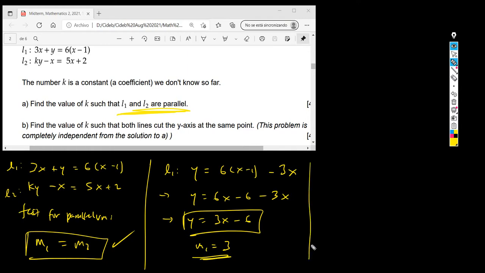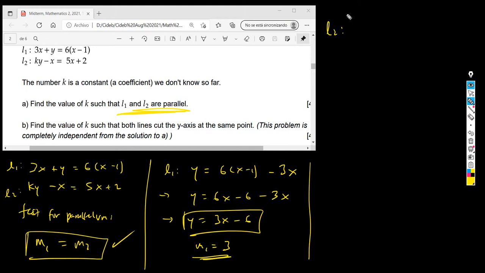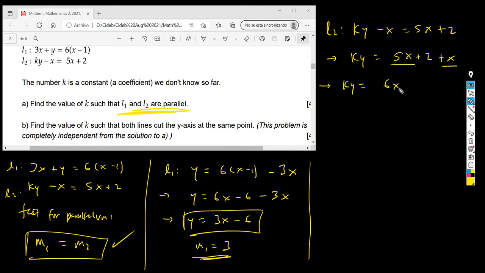Now let me do the same for the second line. I'm going to write it down: ky minus x equals 5x plus 2. Then I can do this. I divide this term over k, and plus 2 over k.